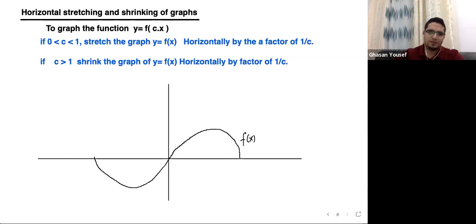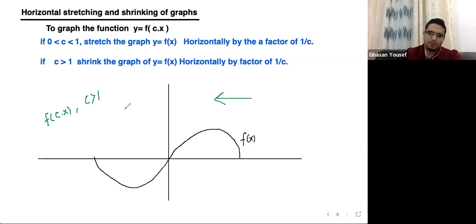Now to graph the function f of c times x, such that c is greater than 1, we're doing shrinking because the c is inside and greater than 1, so we have to shrink horizontally.